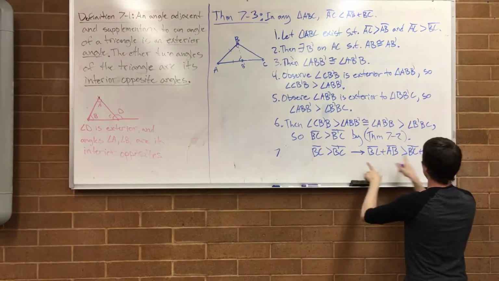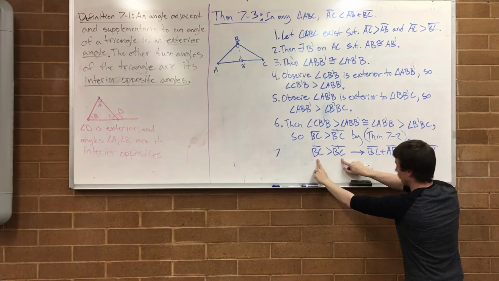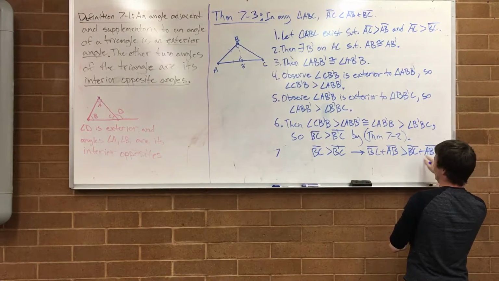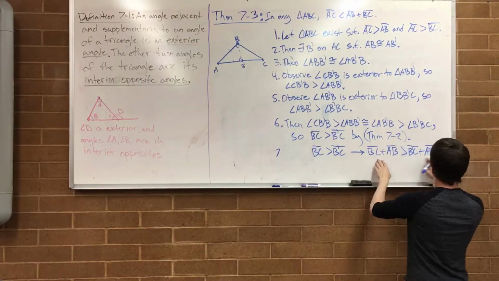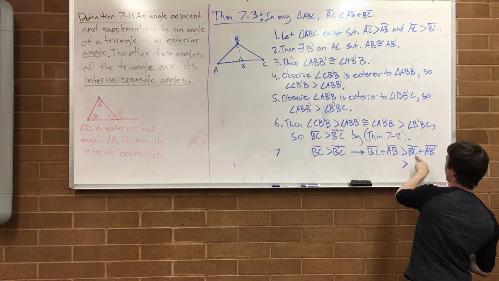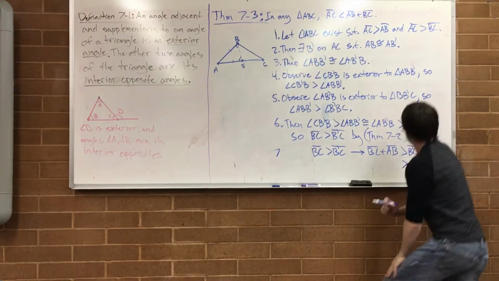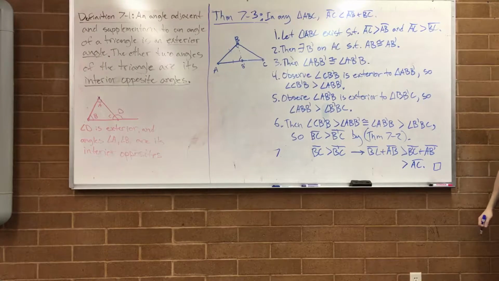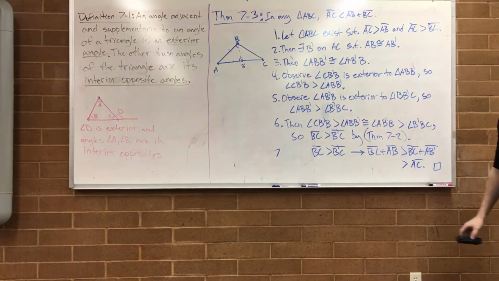So if this is greater than this and we add the same thing to both sides, it's still greater. If 3 is greater than 2, then 3 plus x is greater than 2 plus x. Good? Okay? Which means it's greater than B prime C plus AB prime, which is the same thing as AC. Yep. You see that? Good, good, good. And that is the triangle inequality.